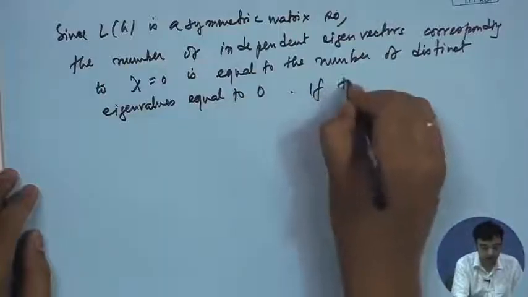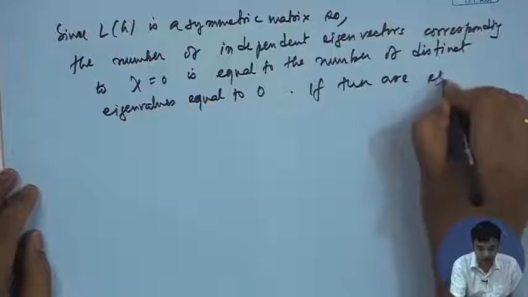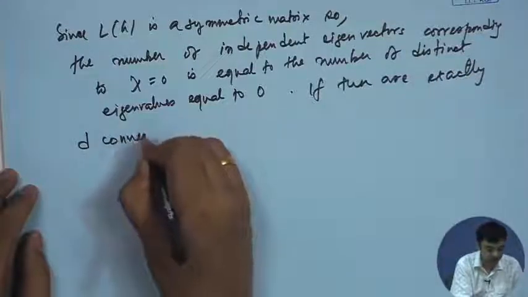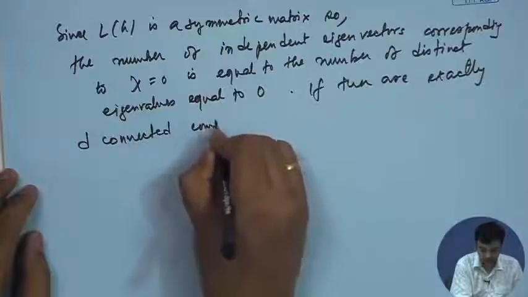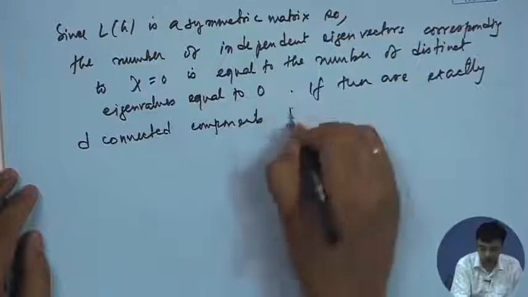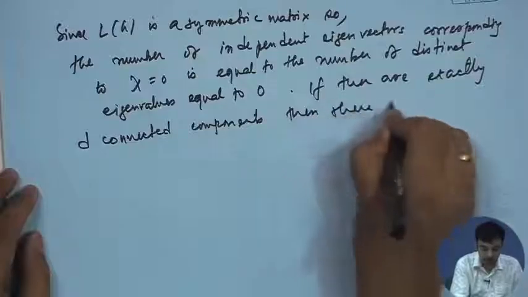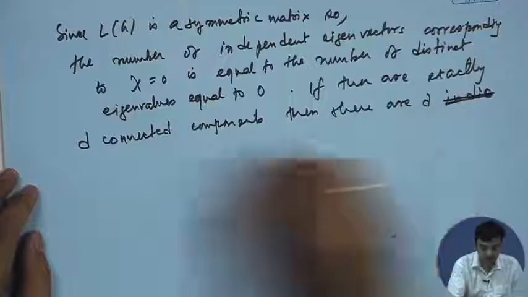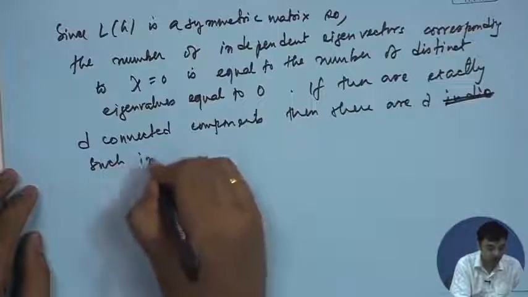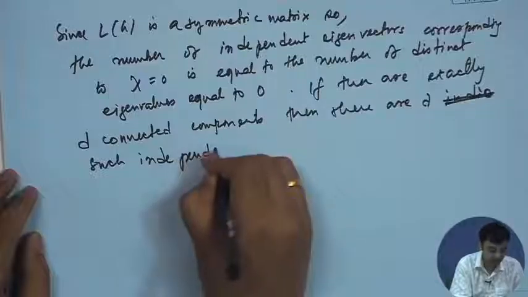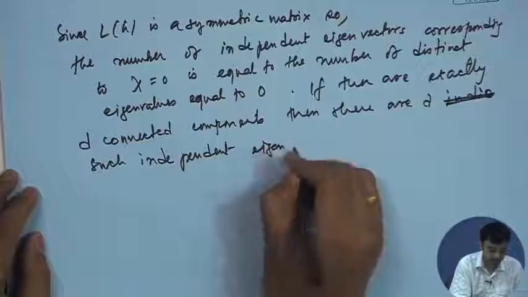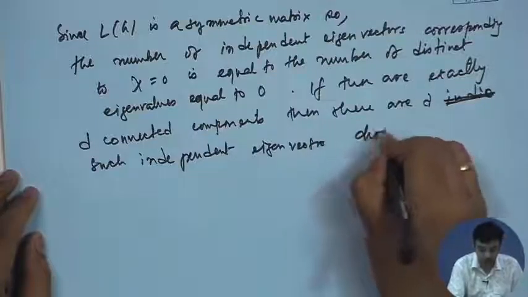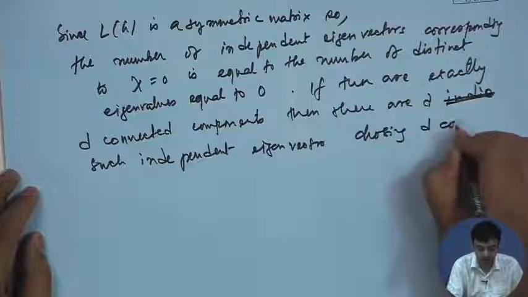So, if there are exactly d connected components, then there are d such independent eigenvectors choosing d constants.